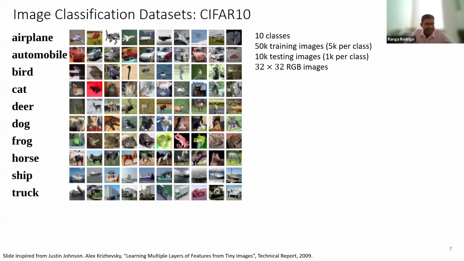So this is the CIFAR 10 dataset. I already spoke about the CIFAR 10 dataset. You can see it has 10 classes, 50,000 training images. That means 5,000 images per class, 10,000 testing images, 1,000 per class, and these are 32 by 32 RGB images. So when you consider 32 by 32 RGB, 32 times 32 times 3, each of these images is a vector of size 3072. So these are 3072 dimensional vectors.